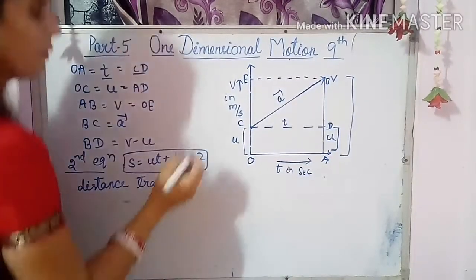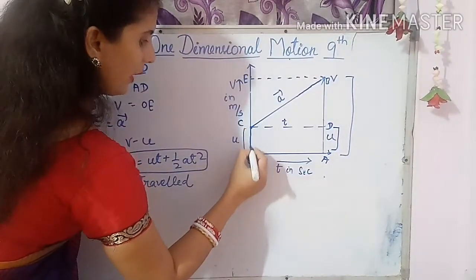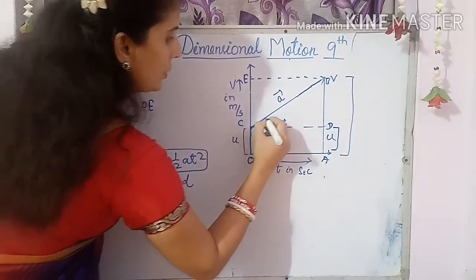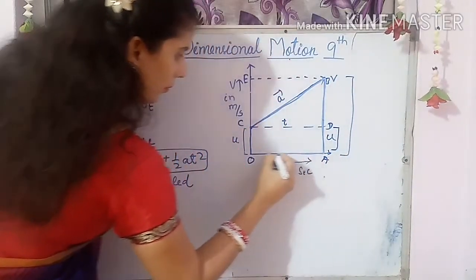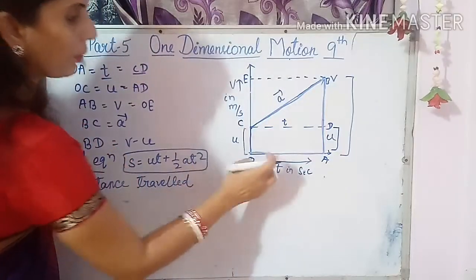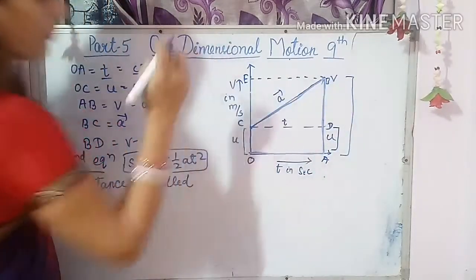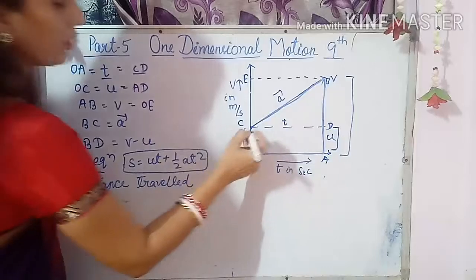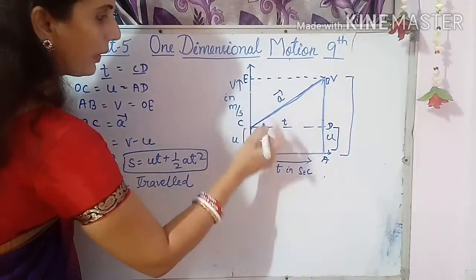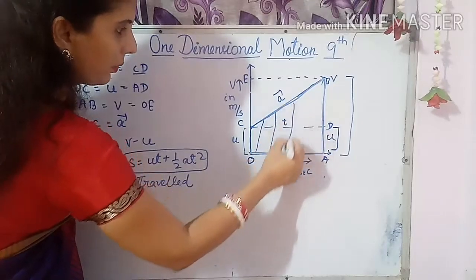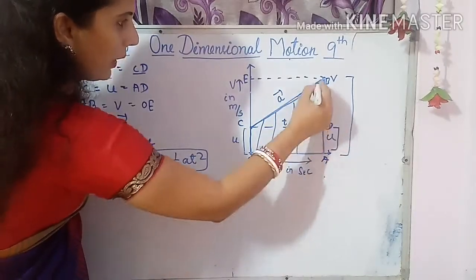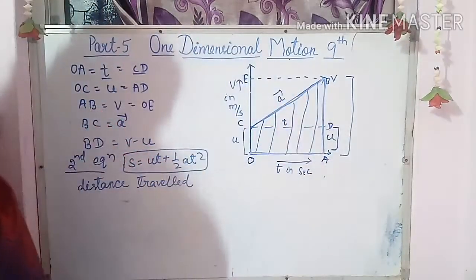Now see what the figure is, as I already told you: this trapezium is your figure, OABC. So if you want to find the area, you have to find the area of this figure so that you can calculate S.